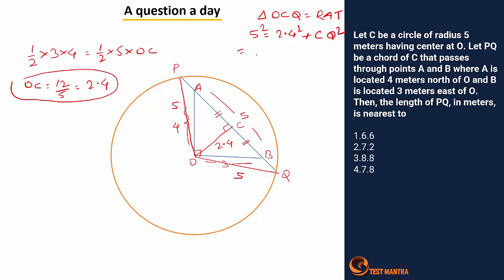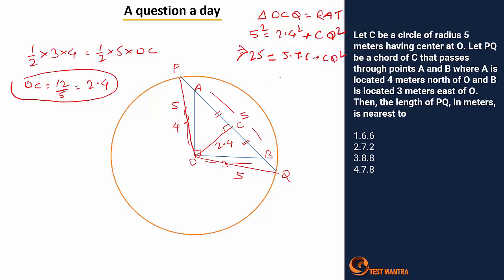So let's take 5 square, which is 25, equal to 2.4 square. So 24 square, let's consider nothing but 576, so 5.76, plus CQ square.